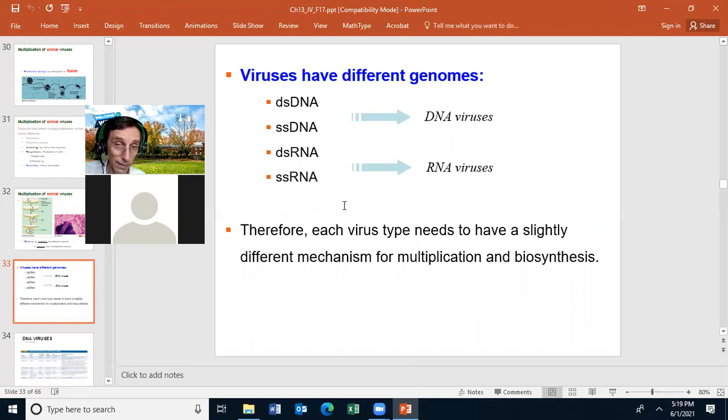Each of these viruses needs to have a slightly different mechanism for multiplication and biosynthesis, because a different molecule is being made as the viral genome. Any question about any of that?